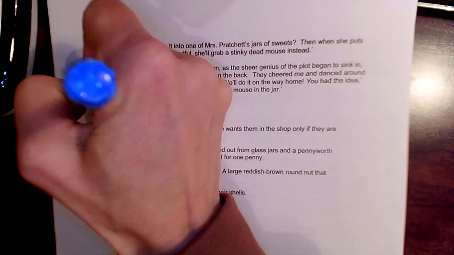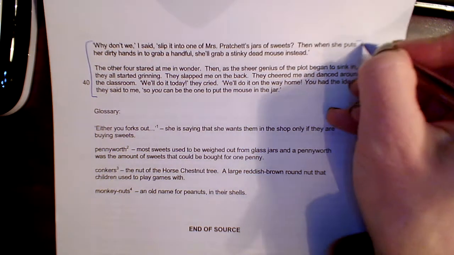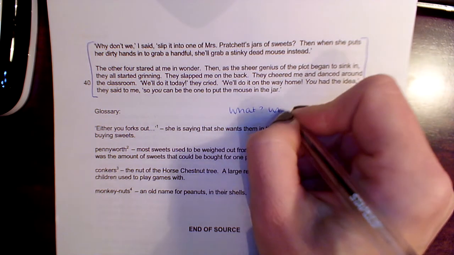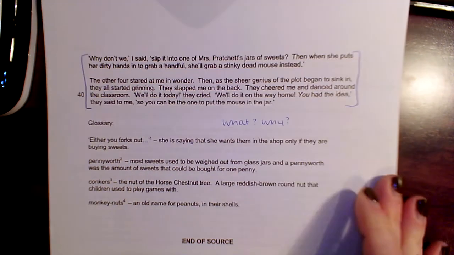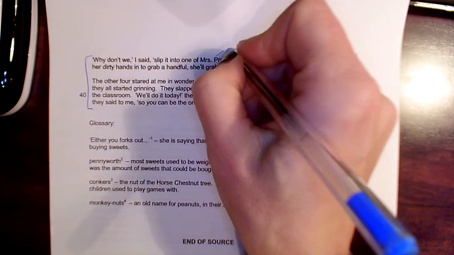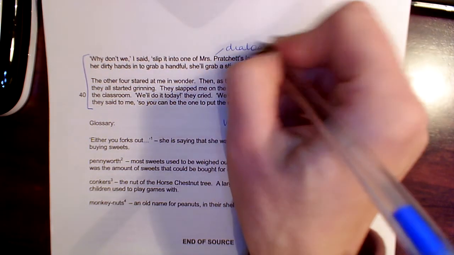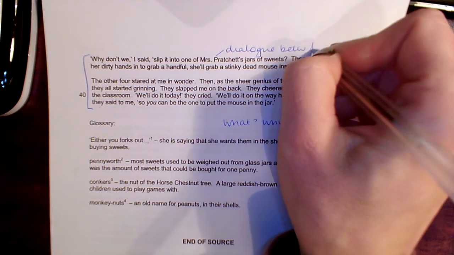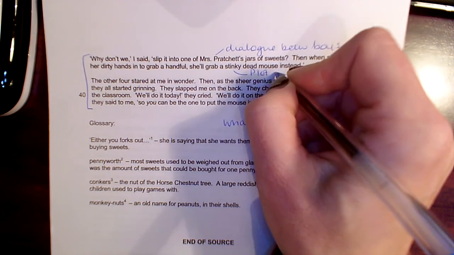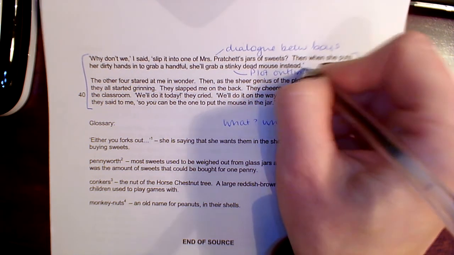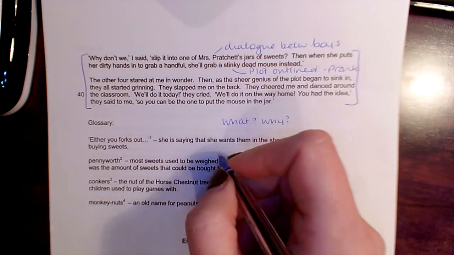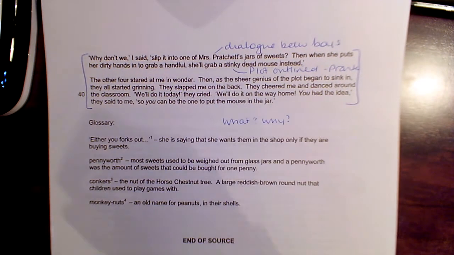So I'm going to look at this part in terms of its interesting structure. So remembering that what we're talking about is what and why. So what is the writer showing us at the end here? So we first off have a dialogue between the boys where we have the plot outlined for the prank. So that's what they're discussing here.